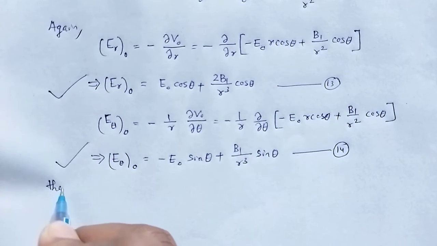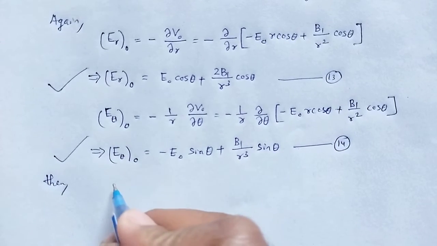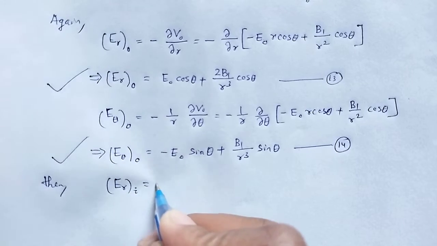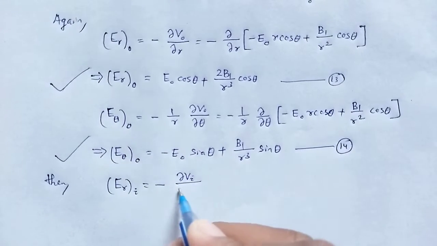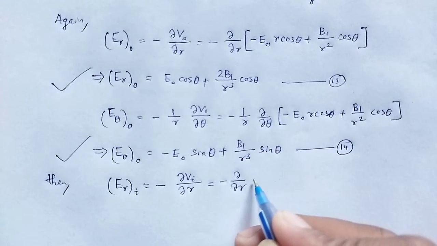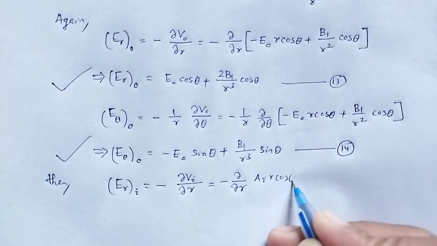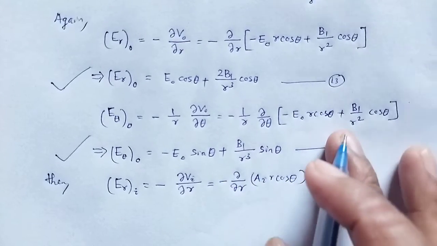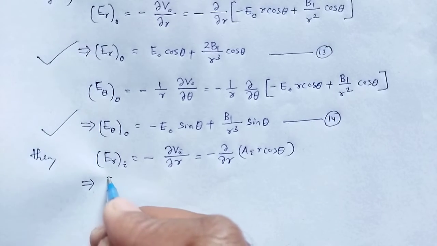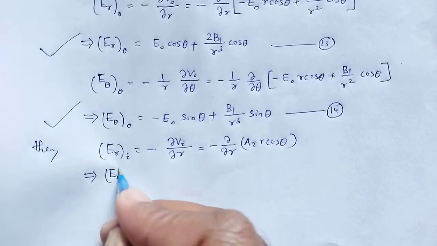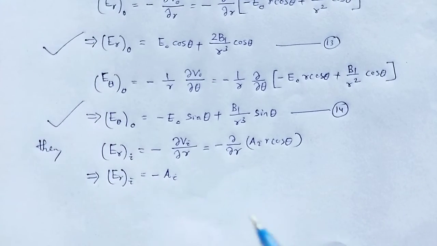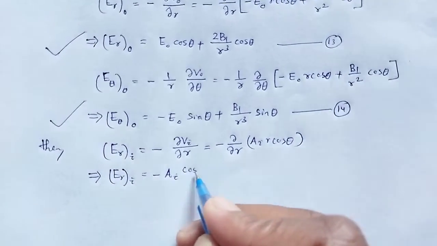Then E R inside is equal to minus del Vi del R, minus del R of Ai R cos theta, that is the V inside, which implies E R inside is equal to minus Ai cos theta.